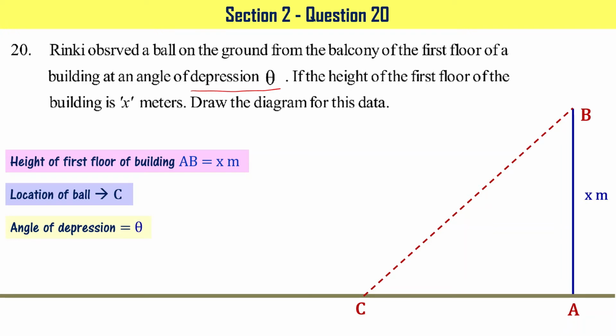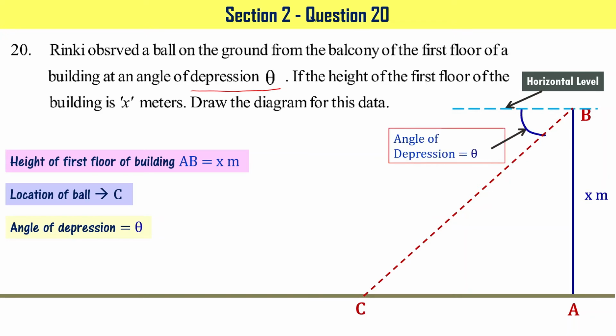It means when you draw horizontal level from the eye of Rinki, the line of sight, the angle between line of sight and horizontal level is going to be the angle of depression, right? So this is the angle of depression. That is equal to theta.